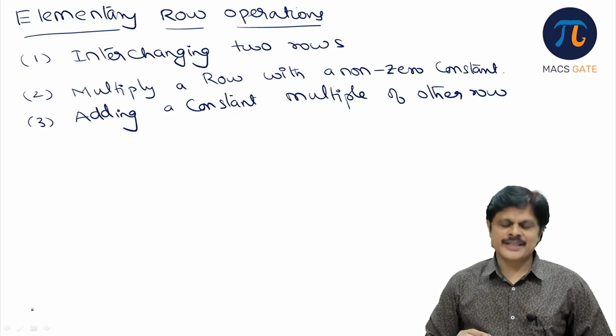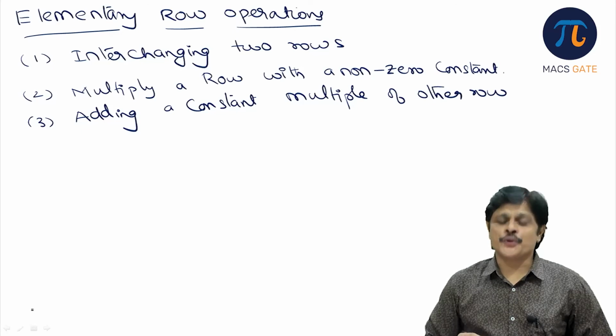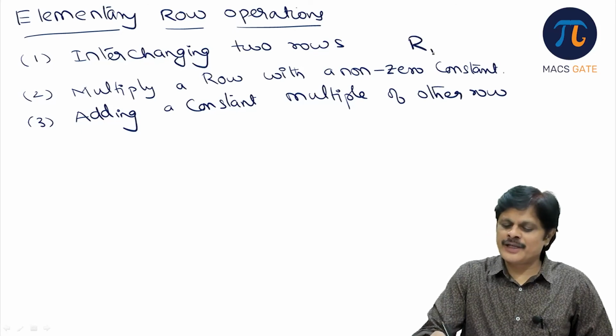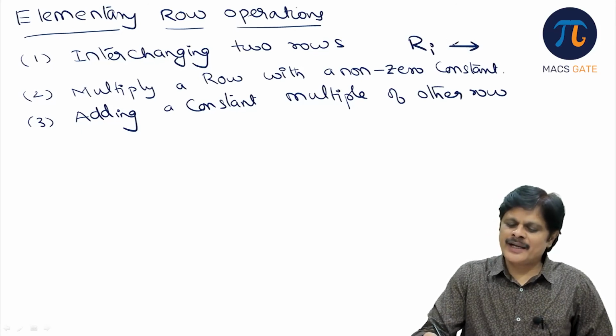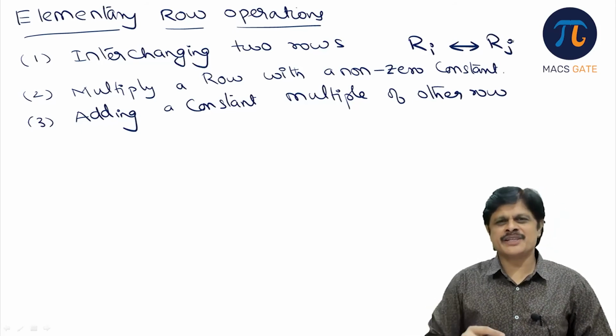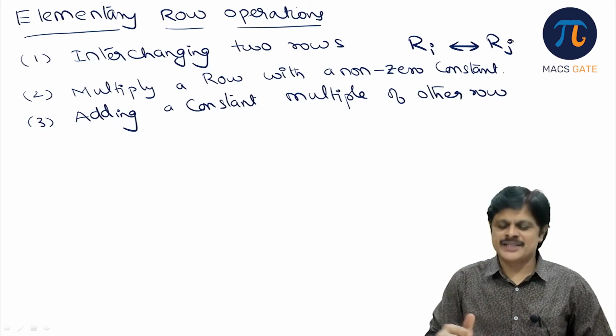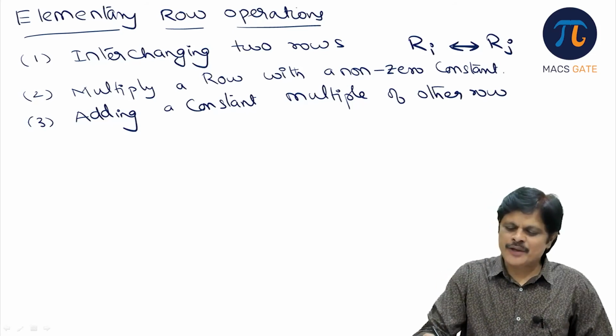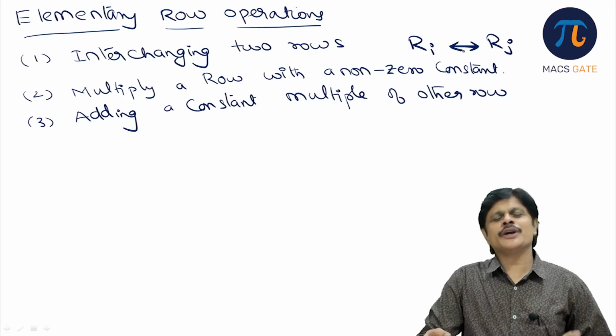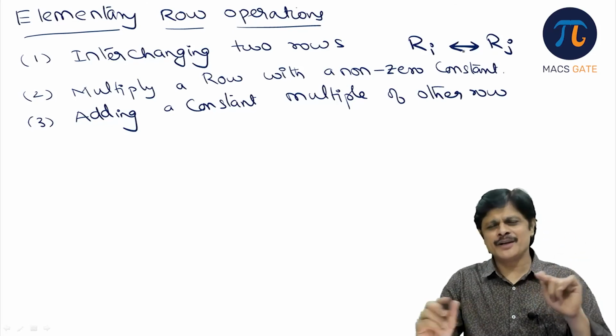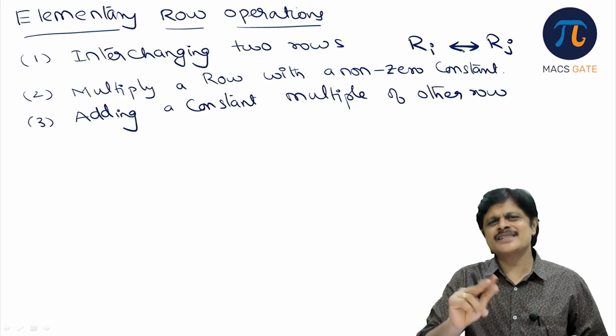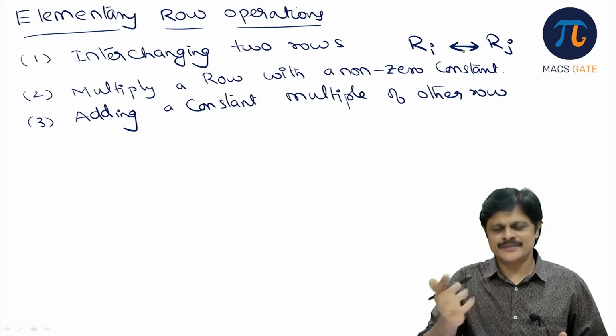The first one is interchanging two rows. So we denote it symbolically like this, Ri interchanged with Rj. Instead of writing this big statement, we can simply remember it like this. So we use the two-sided arrow to show that. Suppose you want to interchange R1 with R2, you can write R1 two-sided arrow R2. That is interchanged with R2, swapped.